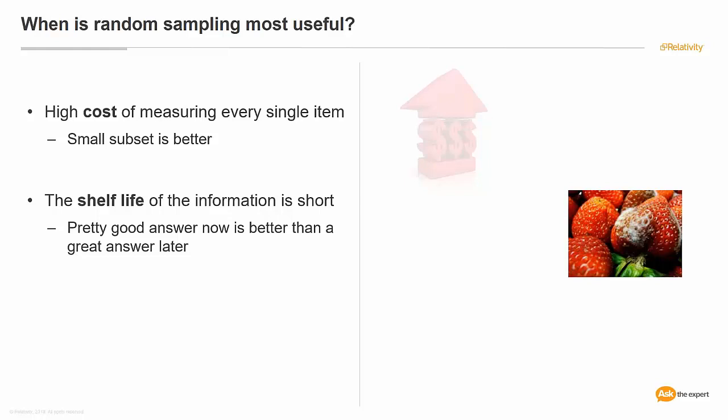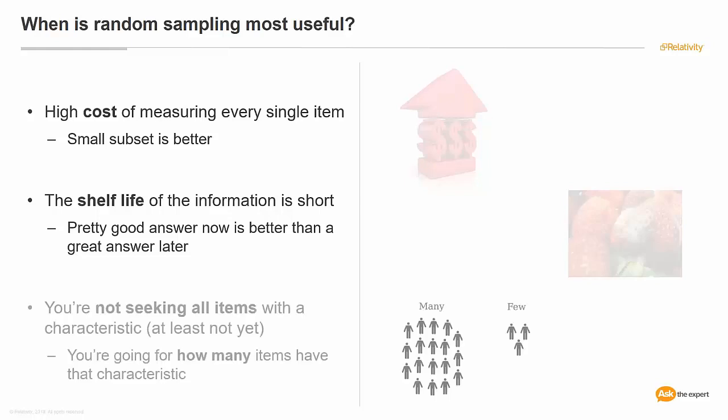If I've got a reviewer that's coding incorrectly, I want to QC my reviewers early on to make sure that things are going well before I pay them for 6 weeks of work and then at the end realize that they've been doing things wrong. So that shelf life can be short, and you'd much rather have an okay answer now or a good answer now than a fantastic answer 6 months from now when the information is no longer valuable.